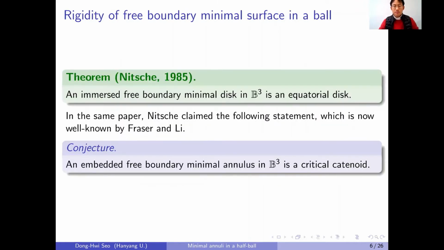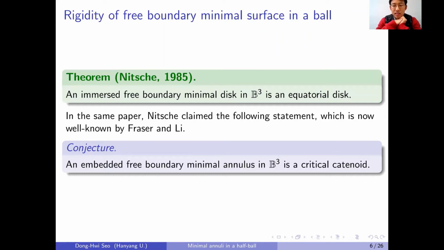Actually, this topic was initially studied by Nitsche in the 1980s. He showed that the equatorial disk is the only immersed free boundary minimal disk in the three-dimensional Euclidean ball.